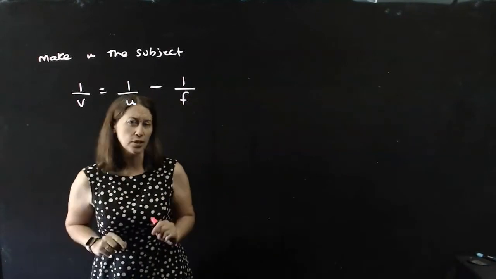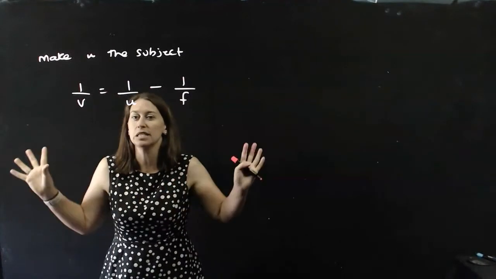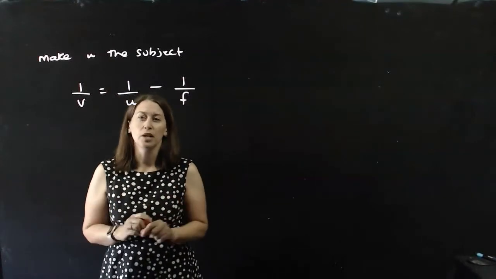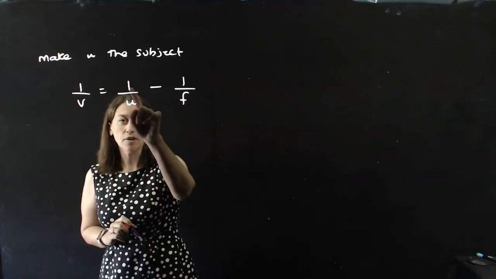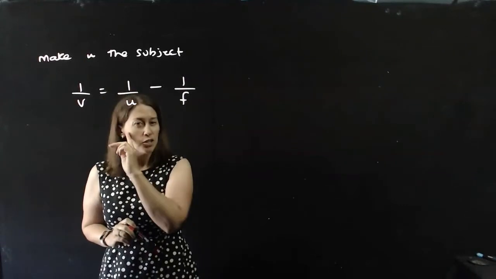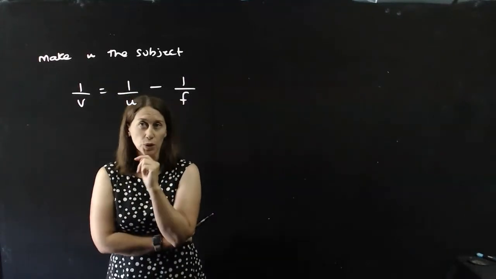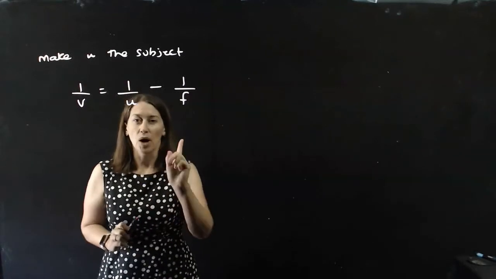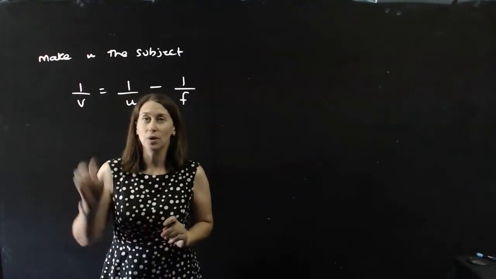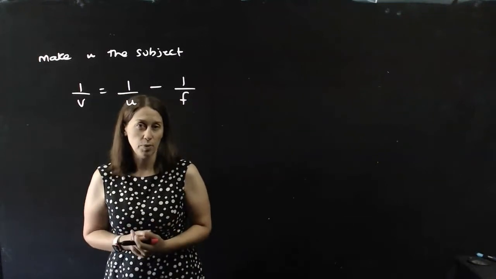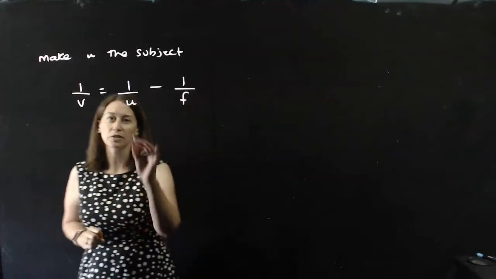Let's look at u first, because I need to move it so that it's on the top somehow. Let's have a look at the inverse. It's currently 1 divided by u, so I need to multiply through by u to get rid of it here. But if I multiply one term by u, all the other terms also need to be multiplied by u. So let's do that first.